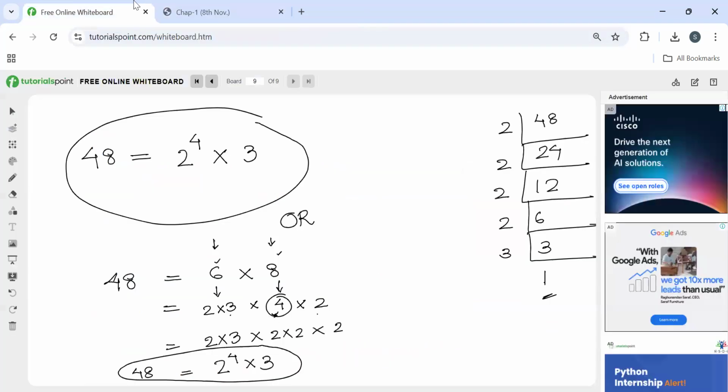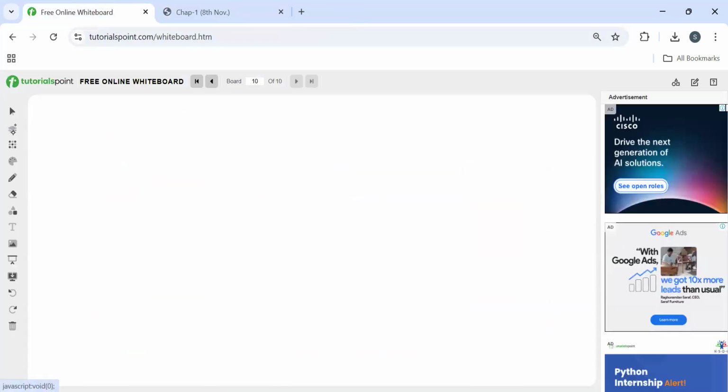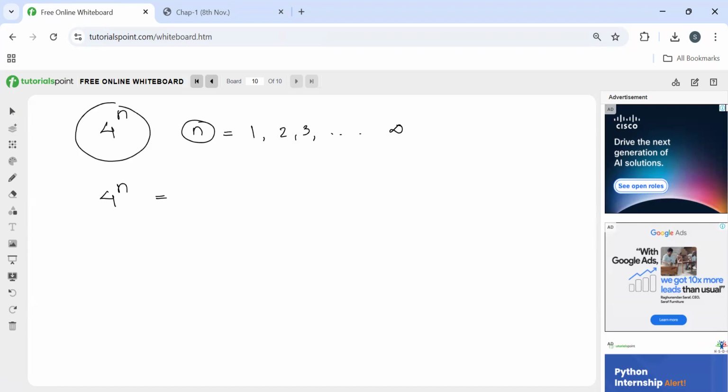You do not know the value of n. Let the value of n be anything from 1, 2, 3, any value until infinity. For any value of n, will 4 raised to n be a number that ends with 0?